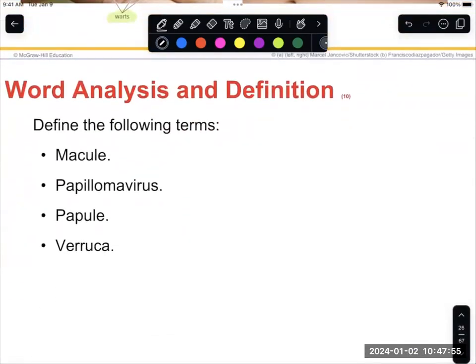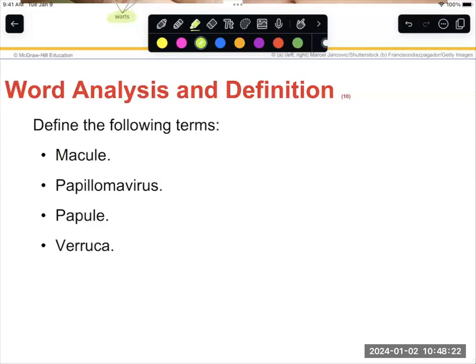These words, macule, papillomavirus, papule, and verruca are sizes of different lesions on the skin, and then an example of one.